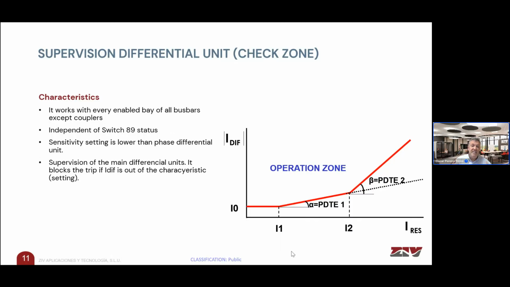In this case, the characteristic follows the same idea, but the substation is considered as a single busbar. So it's a way to check, or to double check, that the busbar differential trip is correct.